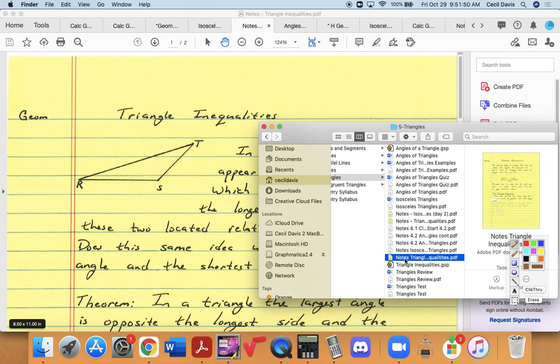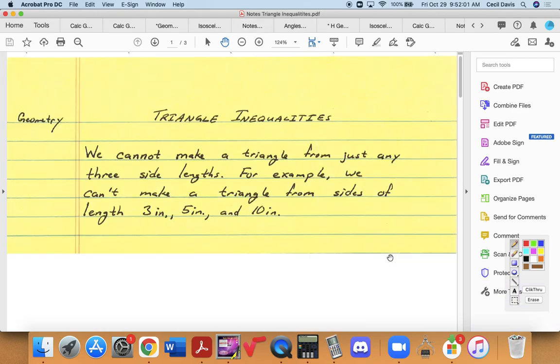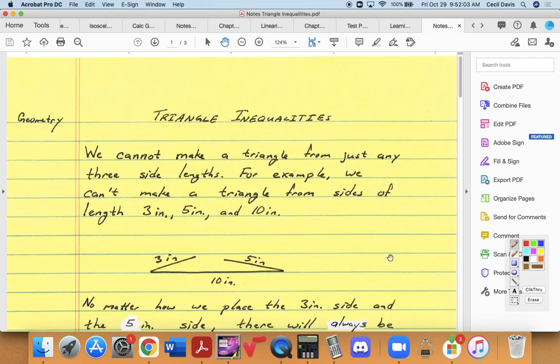I have two different things labeled notes on triangle inequalities. Like 2.0 or something. How about that? Yeah. All right. I apologize. So, let's start over. Take 2. Thank you for your patience.